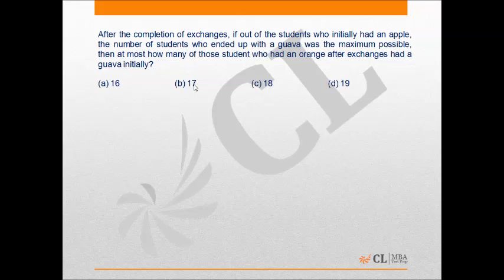Here it is given that after the completion of exchanges, out of the students who initially had an apple, the number of students who ended up with a guava was the maximum possible. It means 29 plus Y minus W minus Z is the number of students who initially had apple and ended up with guava.